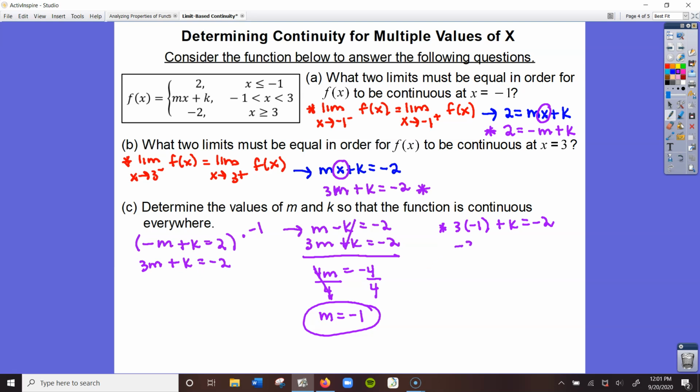This would leave me with negative 3 plus k is equal to negative 2. Then to solve for k, I would just add 3 to both sides, and I get that k is equal to 1. So my two values here, in order for f of x to be continuous, m would have to equal negative 1, and k would have to equal positive 1.